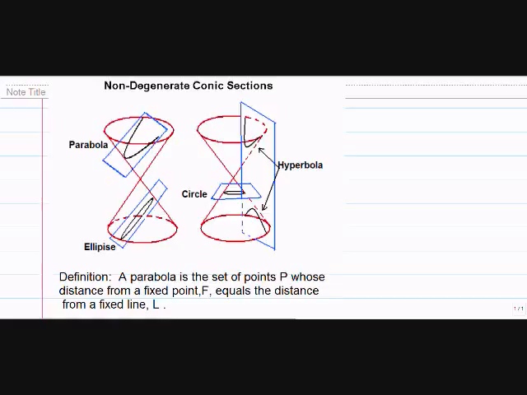Do you need to understand these pictures of cones? Nah. I'm just giving you a little bit of theory about where these conic sections come from. Don't even worry if they're degenerates or not. We don't really want degenerates in our school system, but these are non-degenerate conic sections.